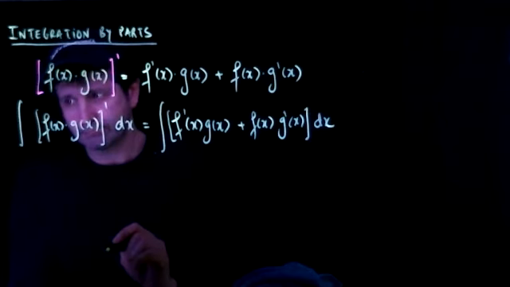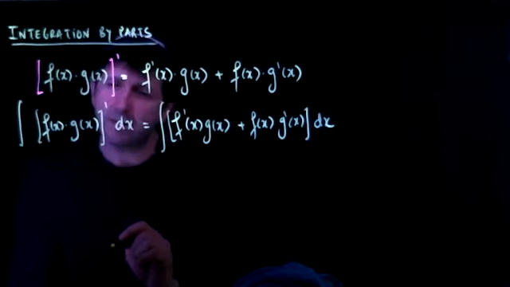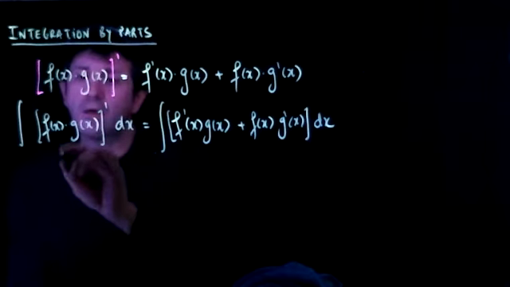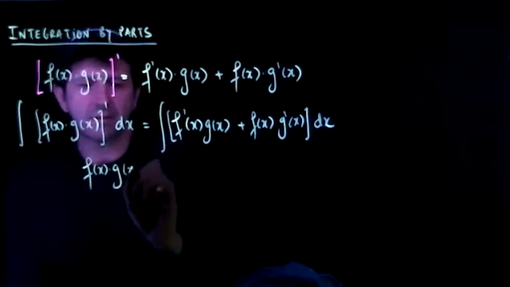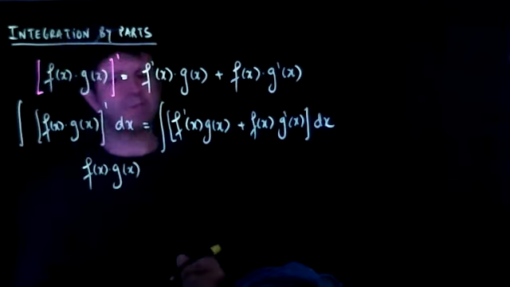Just f of x times g of x. So on the left side, I will get f of x times g of x, because I'm doing the antiderivative of the derivative of the function, so I get the function itself.